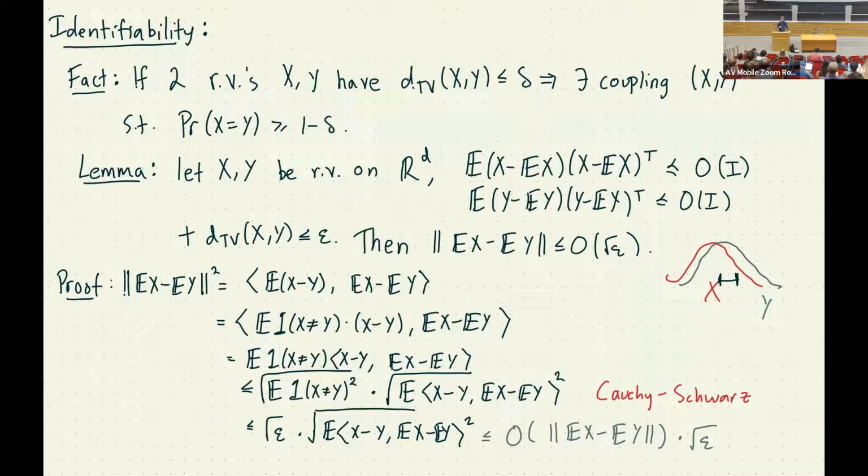So far, so good? Okay, so let's do that. All I need to prove to show is the expectation of X minus Y, and actually I'm going to show this for any vector v, squared. Actually, let's do it for the actual vector, expectation X minus expectation Y, squared.